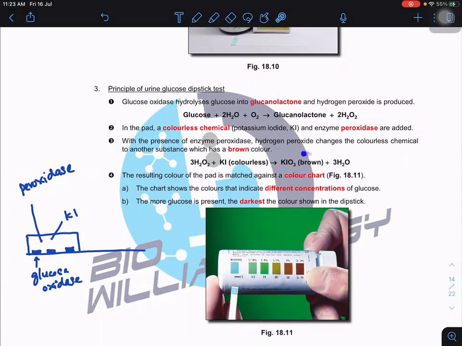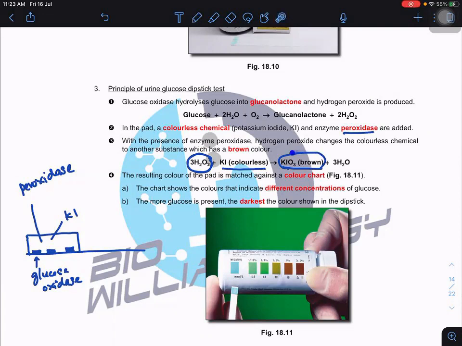In our syllabus, you just need to know that in the presence of hydrogen peroxide, peroxidase will catalyze the reaction between the hydrogen peroxide and a colorless compound to get a brown compound. The intensity of this brown color is an indication for us to know how much glucose we have in our urine.